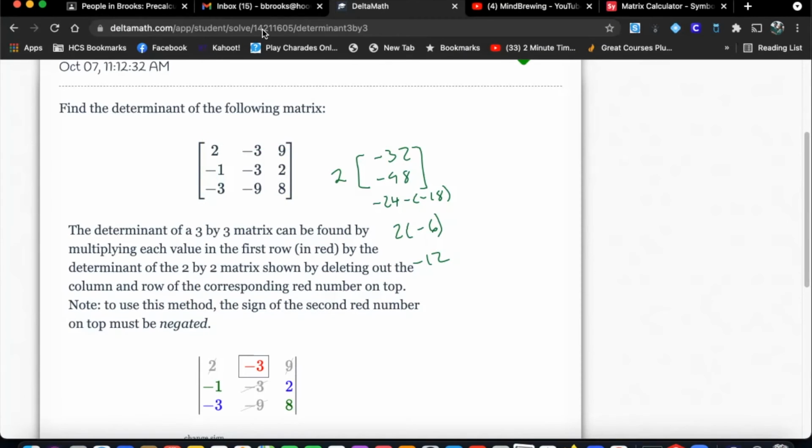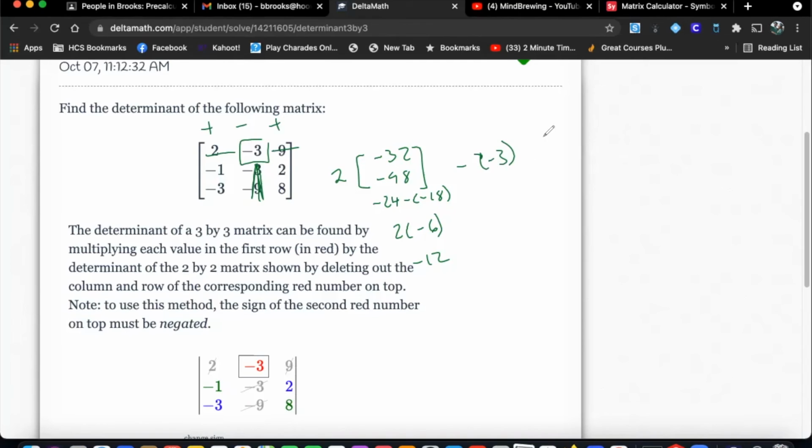And then the key is, you start with that and then you go to the next one. For the next one, you do minus -3. So you do actually minus. The way we used to do it is at the top to remind us, we would go plus, minus, plus. So then you look at this one, and now you don't look at this column and you don't look at this row.